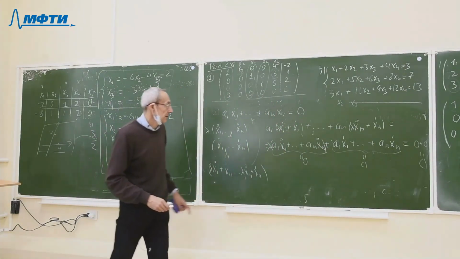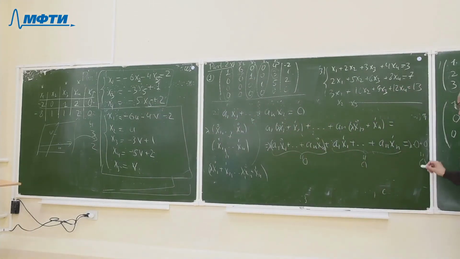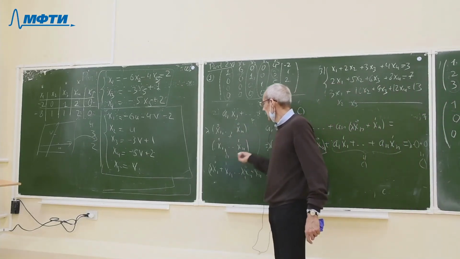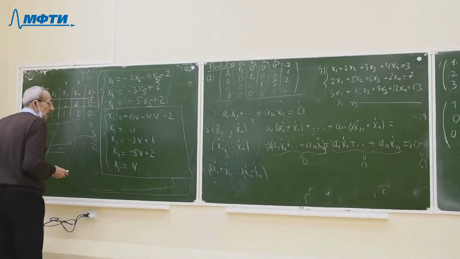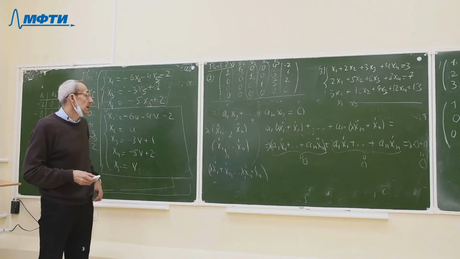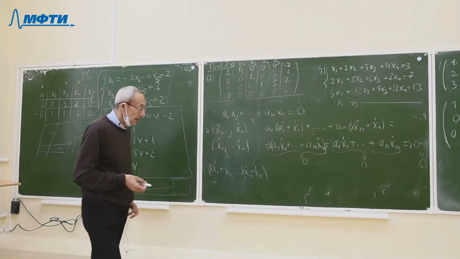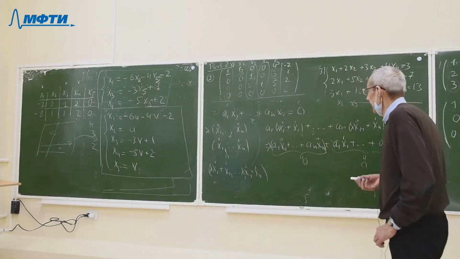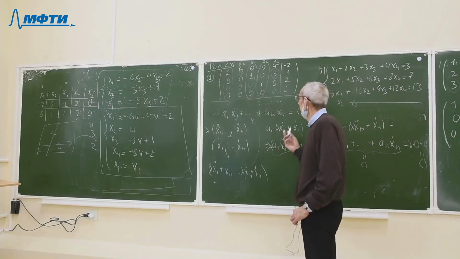Easy to see that in this case we also obtain lambda times 0 plus 0 is equal to 0. And this combination is also a solution. It means that a linear combination of solutions of a linear equation is also a solution.